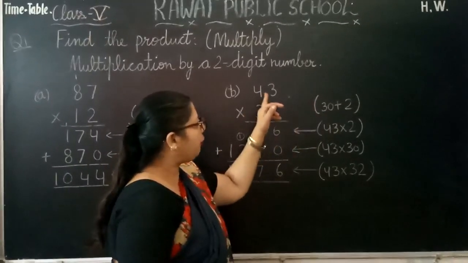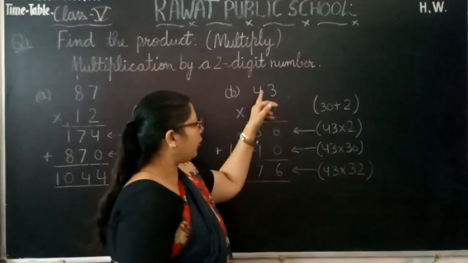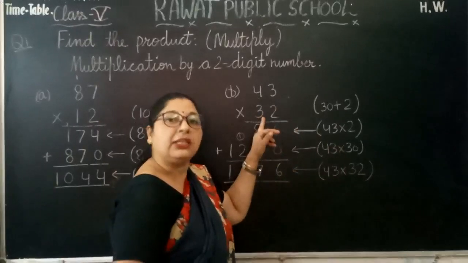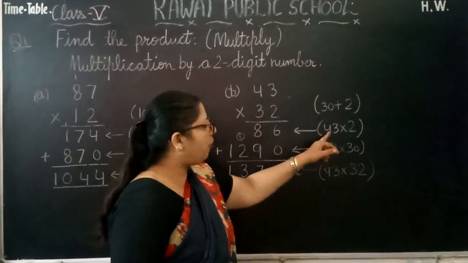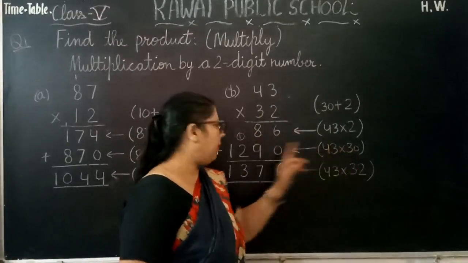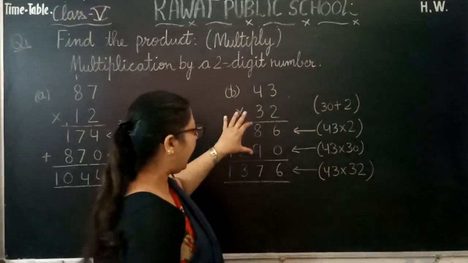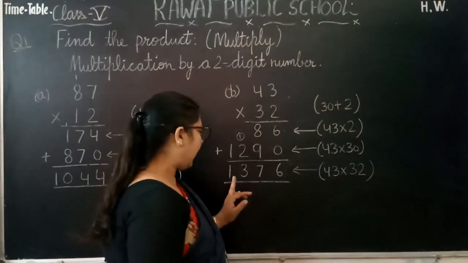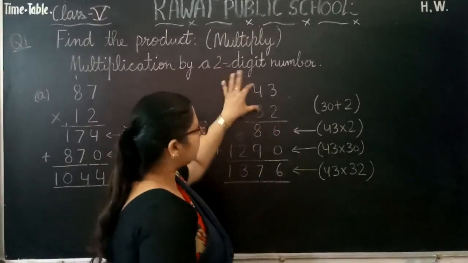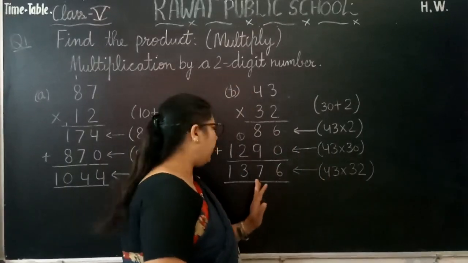Then we multiply 43 by the ones number, 2, and then 43 by the tens number, 30. The answer of 43 multiplied by 2 is 86 and 43 multiplied by 30 is 1290. Then add these two products, and we get the answer 1376.